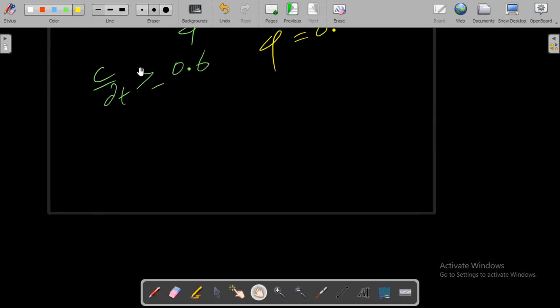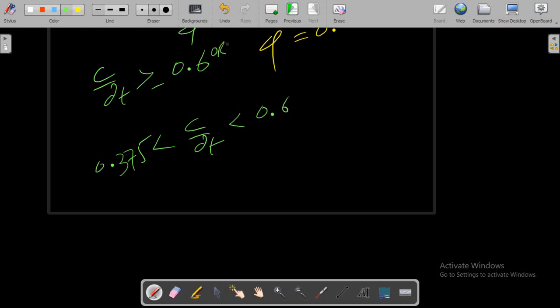But if c by dt is greater than 0.375 and less than 0.6, remember, 0.6 can also be written as 3 by 5.